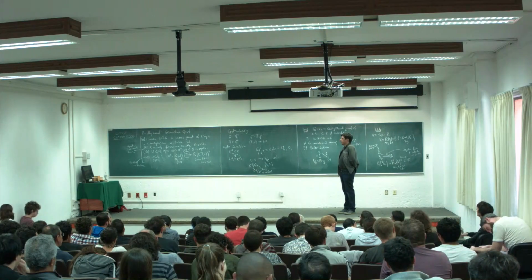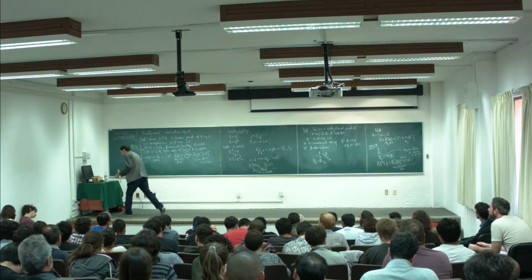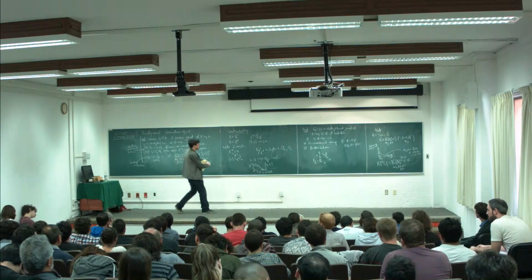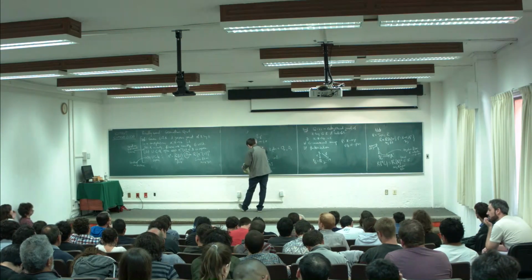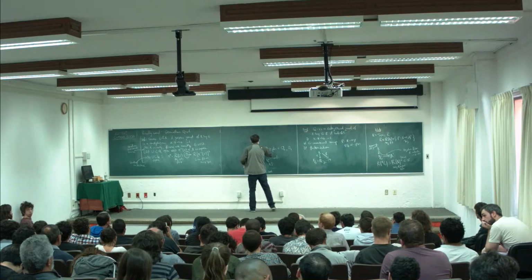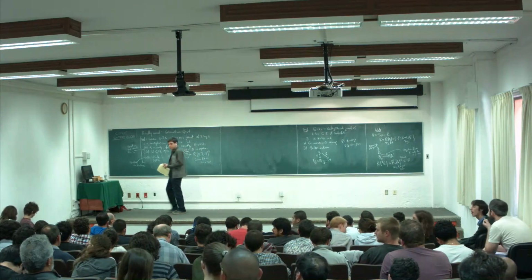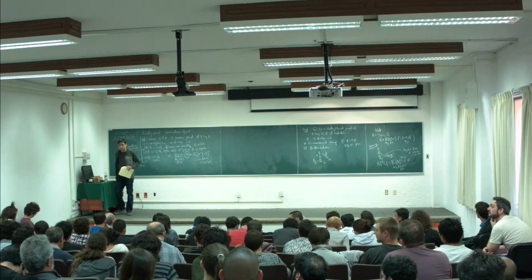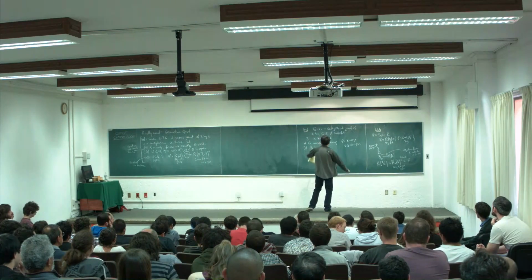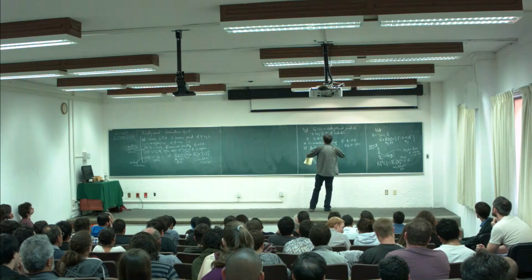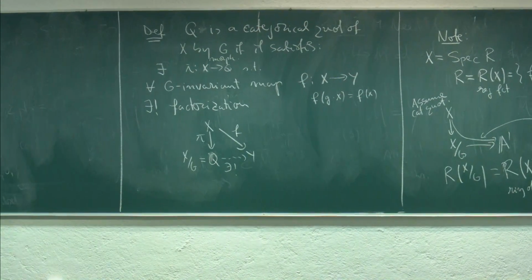So there are two notions of quotient. And of course, this is a morphism, and these are algebraic varieties.